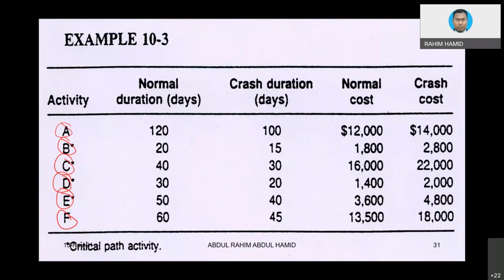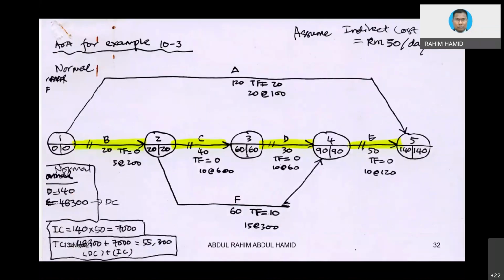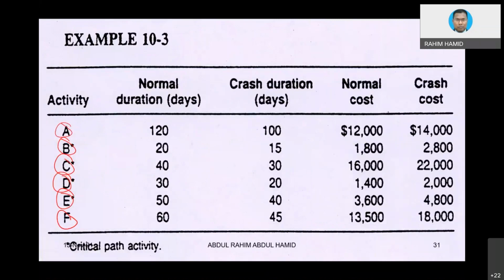If this is the question in the assignment or exam, for sure, the first step that you need to do is to develop the network diagram. We can develop it if we already have the predecessor.